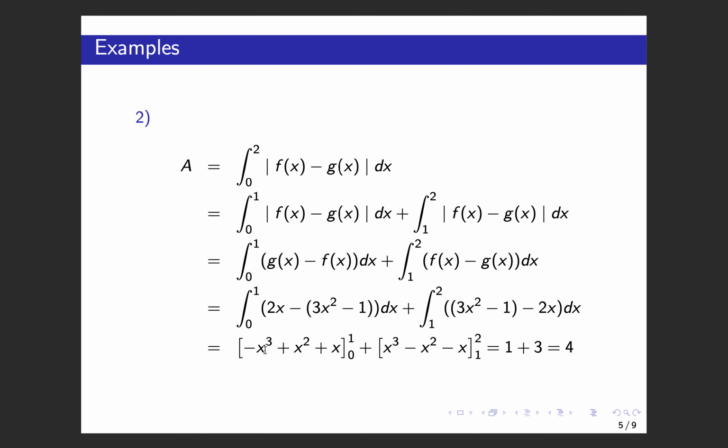We have minus x cubed, which is the antiderivative of minus 3x squared, x squared will be the antiderivative of 2x, and x will be the antiderivative of 1. We do the same thing for the second expression, and then we evaluate them. We evaluate this expression at 1, and then at 0, then take the difference. You evaluate the other expression at 2, and at 1, and take the difference. You get 3, you add them up, and you get 4, and this is the end of example 1.